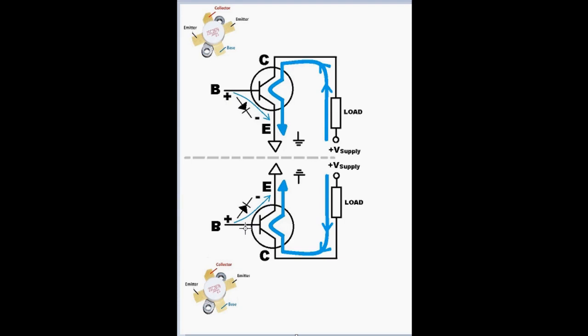On the other hand, if this transistor is turned on with a positive voltage from the base to the emitter, again the diode, our friend the diode, that will turn on the transistor and allow a strong current flow to flow from the supply around through the transistor and to ground. So there's two different paths that the current can take from the supply, high potential, down to ground, depending on which transistor is turned on.